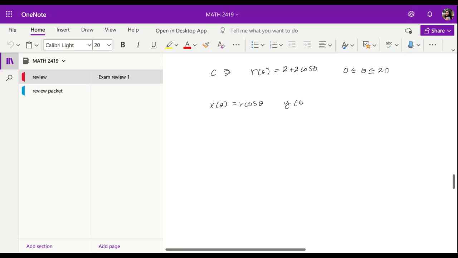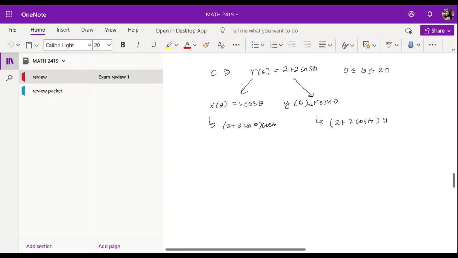This is how we can split up our r of theta. So for x of theta, we get 2 plus 2 cosine theta times cosine theta, because we're just plugging in our r. And for y, it's the same thing, 2 plus 2 cosine theta times sine theta.